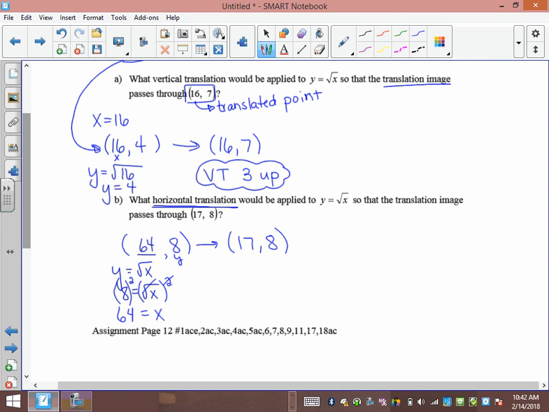I'm now at 17. I'm moving to the left. By how many? 47. It's just 64 minus 17.